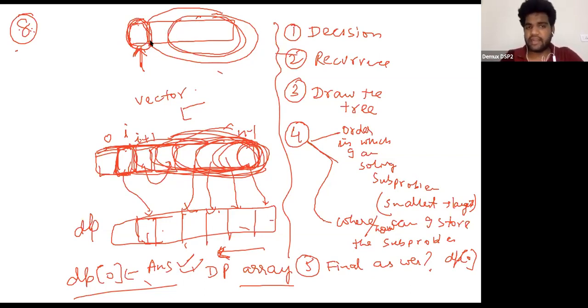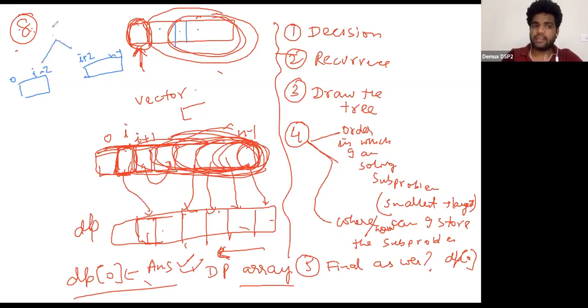So you can say that I can rob 0, or I can rob 1, or I can rob 2, I can rob 3, any of the houses. So let's say I rob the ith house. So when I rob the ith house, what am I left with? I am left with 0 to i minus 2 because I cannot rob i minus 1. And I am left with i plus 2 to n minus 1. So these are the smaller sub problems that I am left with now when I rob the ith house.